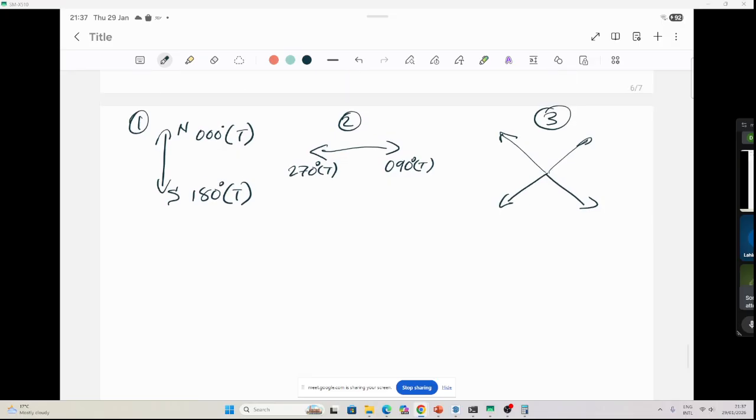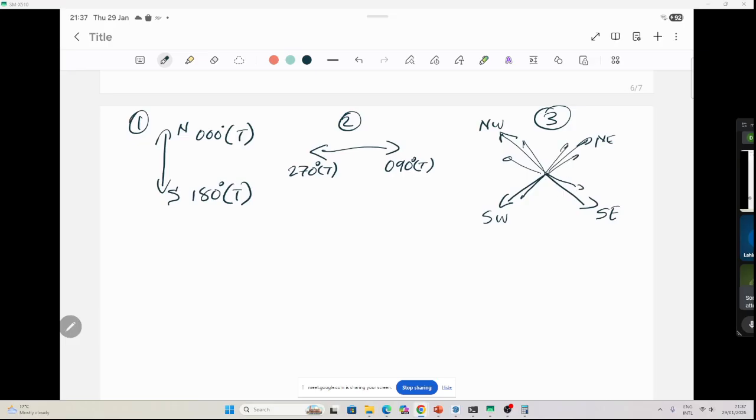Now in the third case, there will be various courses that you can sail, towards northeast or southeast or southwest or northwest. So in this case, we have to calculate the course.